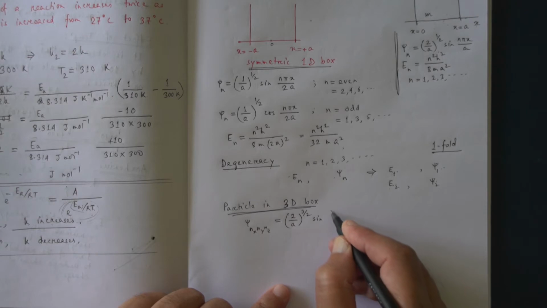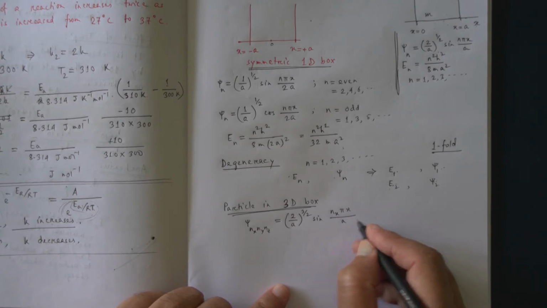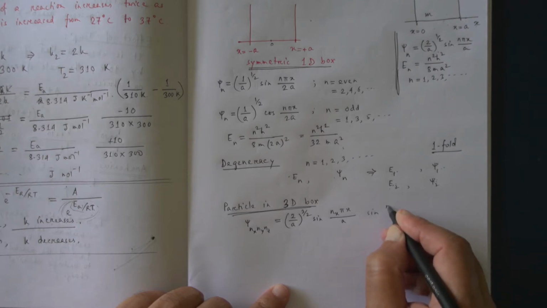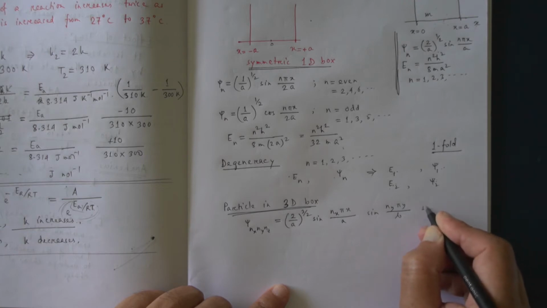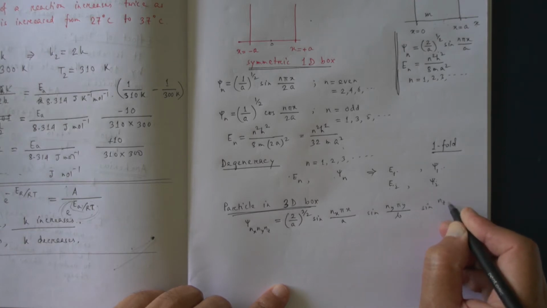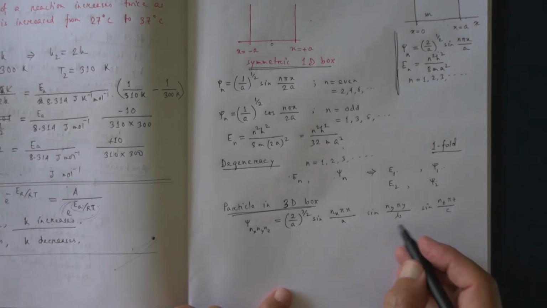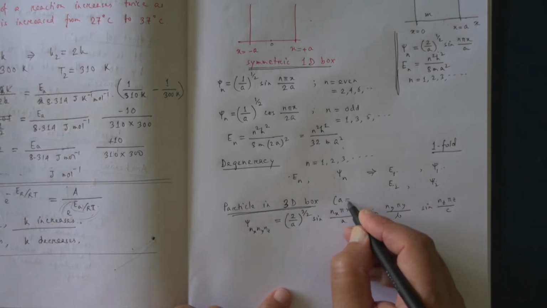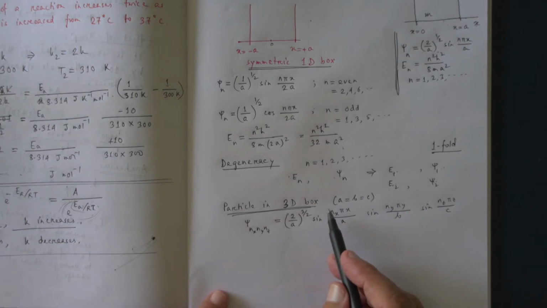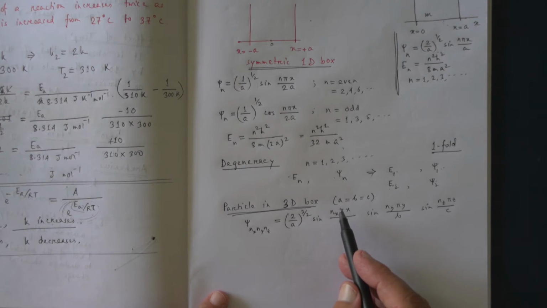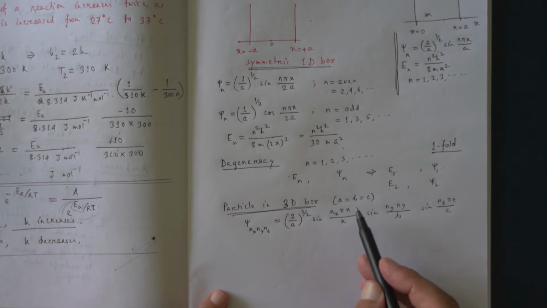Sin nx pi x by a, sin ny pi y by b, sin nz pi z by c. And here we have assumed that a equals b equals c. That means the box is a cube, that is symmetrical.